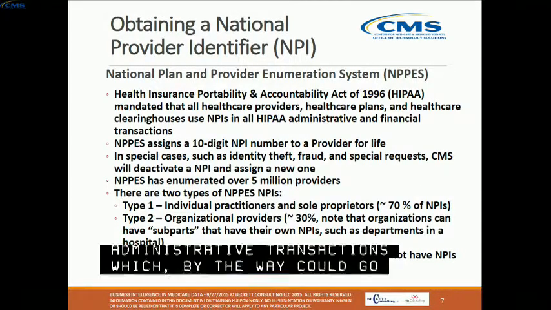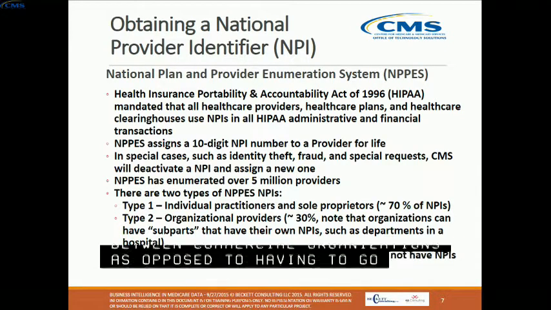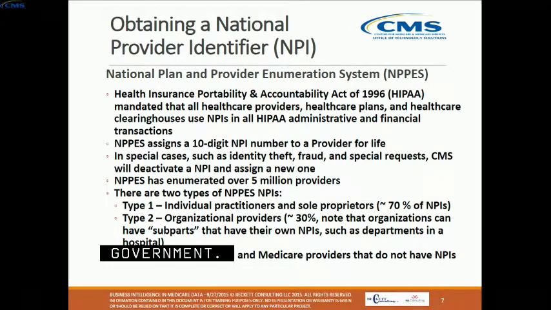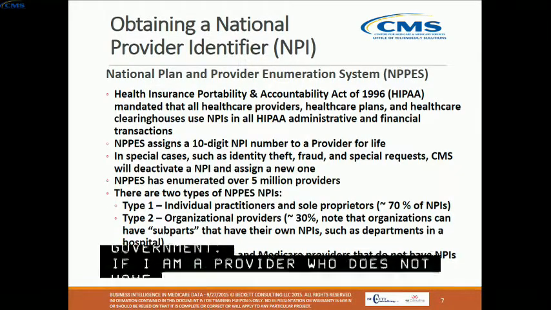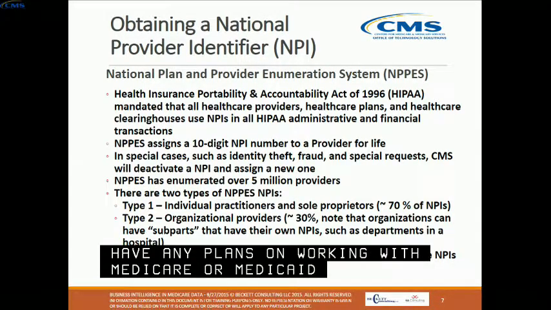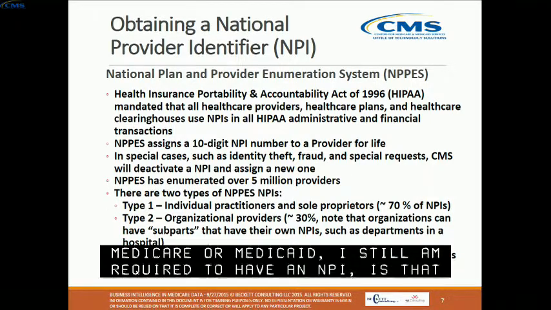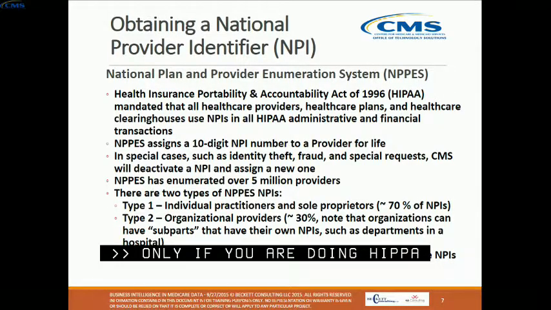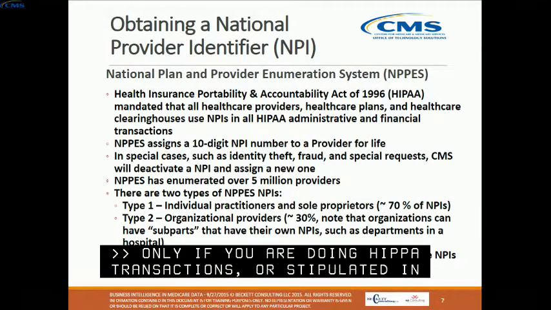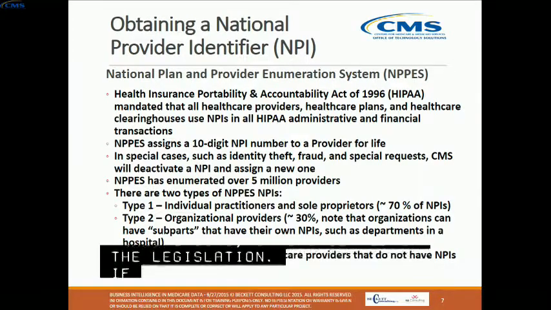If I am a provider who doesn't have any plans on working with Medicare or Medicaid, am I still required to have an NPI? Is that correct? Only if you're doing HIPAA transactions, which are stipulated in the legislation. Right. So if you're not doing any of those transactions, you're not actually required to get an NPI. Okay.